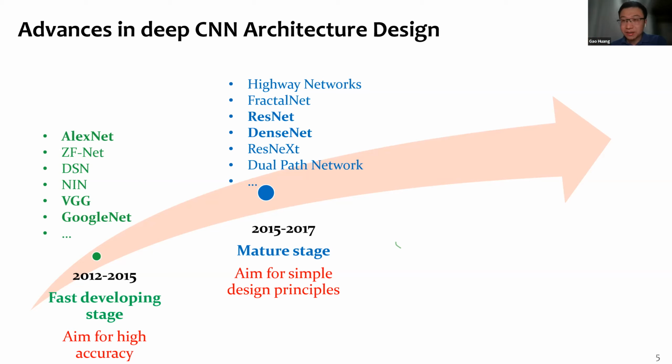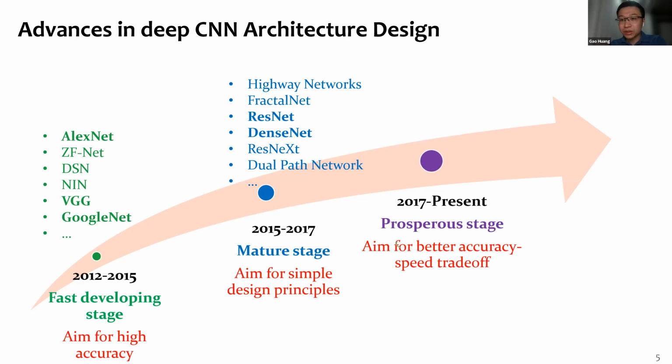And after that, as more industry got involved, deep learning has been applied to different applications in our real world. So in this stage, people are designing networks for different purposes. And a key objective is that people need to design a network with higher efficiency or a better accuracy and speed trade-off.